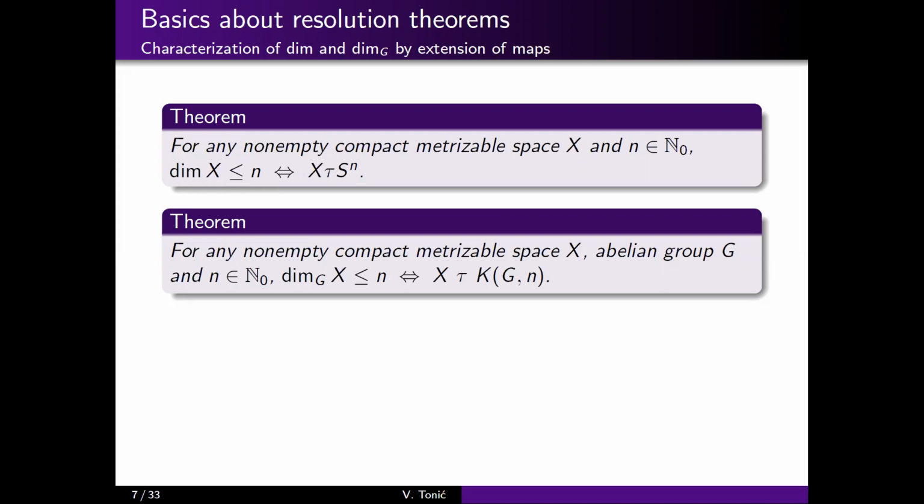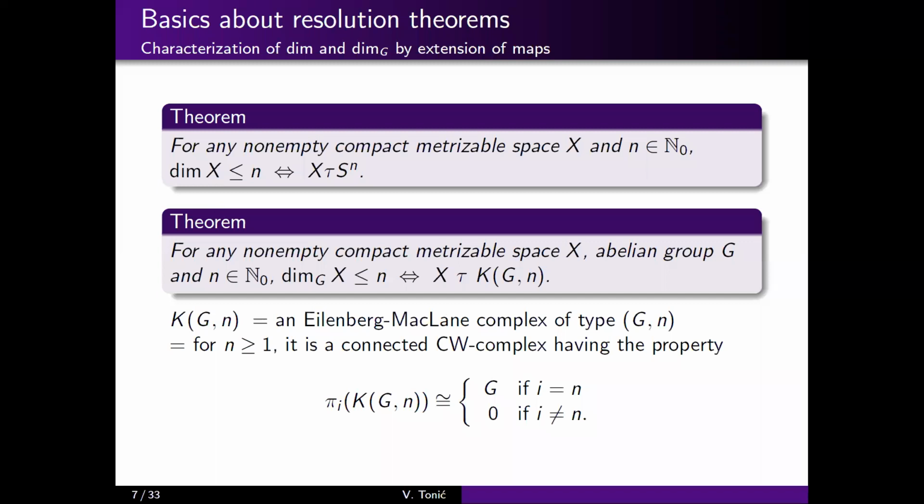And for dim G of X, dim G of X is bounded by n if and only if X is an absolute extensor for K(G,n), where K(G,n) is an Eilenberg-MacLane complex of type (G,n), which means it's a connected CW complex, at least connected for n greater than or equal to 1, which has the property that its nth homotopy group is isomorphic to G, and all other homotopy groups are trivial.